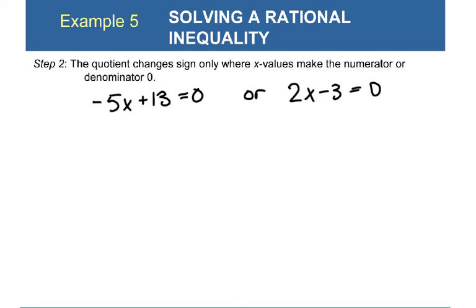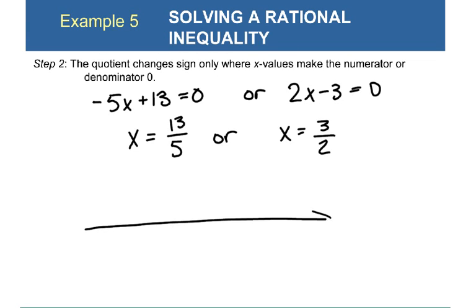I'm going to set that equal to 0. Alright, so let's solve for x. Here we get x is equal to 13 over 5, or, let's see, x is equal to 3 over 2.